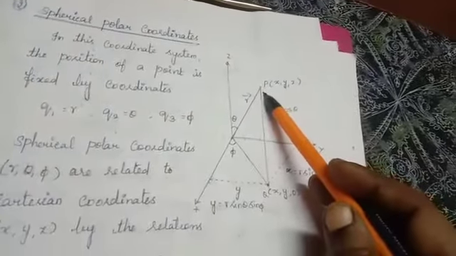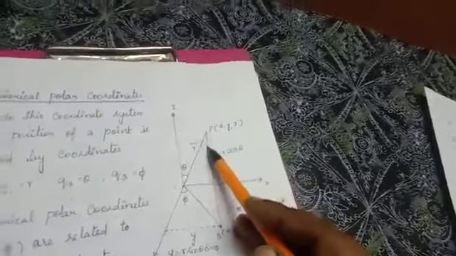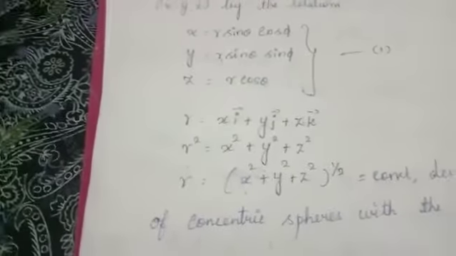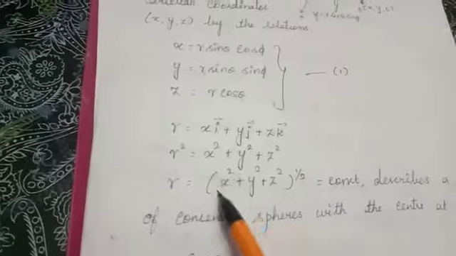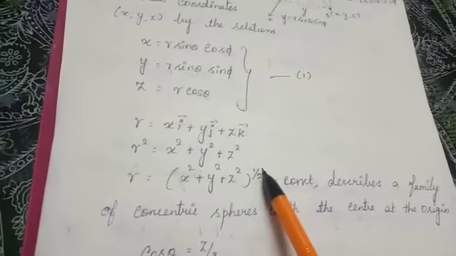So we know the position vector, in vector form we can write r equal to xi plus yj plus zk vector, where r square equal to x square plus y square plus z square, where r equal to root of x square plus y square plus z square, or we can say whole power 1 by 2.